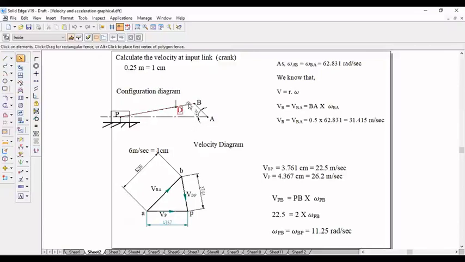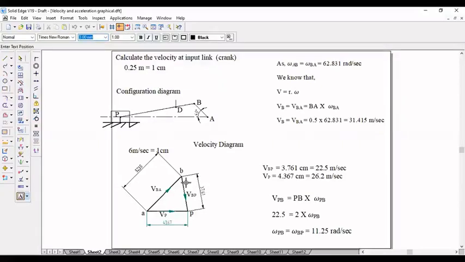In the configuration diagram, it is exactly at 0.5 from the B. But in the velocity line, of course, anywhere in between the BP, I get the D. But where exactly, I do not know. So let me just take some point as D. Somewhere here you have a point D, but where exactly, I do not know.